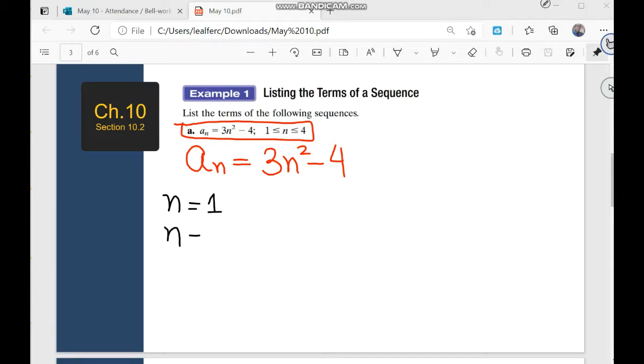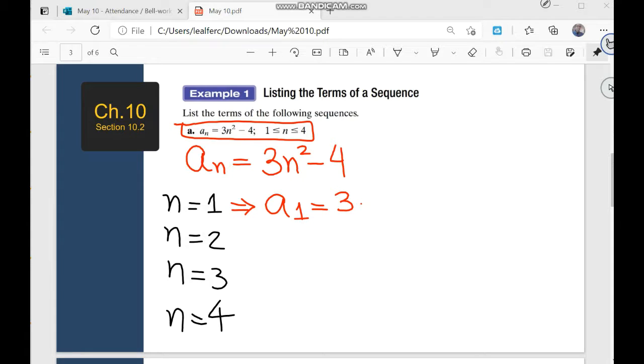So n equals 1, n equals 2, n equals 3, and n equals 4. Okay? For n equals 1, the first term is going to be equal to 3, then you plug in n equals 1 squared minus 4. That means the first term of the sequence is negative 1.